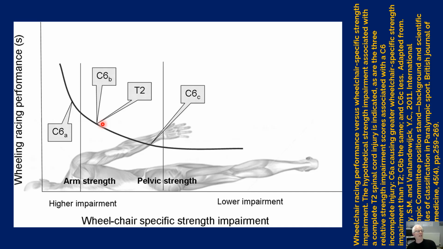You can have a spinal cord lesion at, say, C6, and you'll have two different individuals who have slightly different physiological responses to that. The primary response will be the impairment in upper body strength, but the other factors that go with it, in terms of pelvic strength, for example, will be very much dependent upon the nature of the injury that they have suffered.